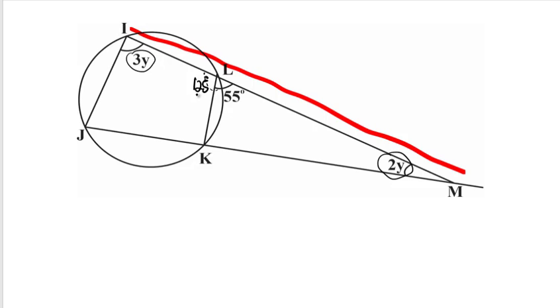So now we know that the angle ILK will be equal to 125 degrees. So that is the angle here.